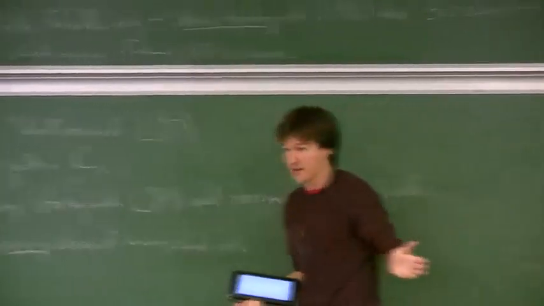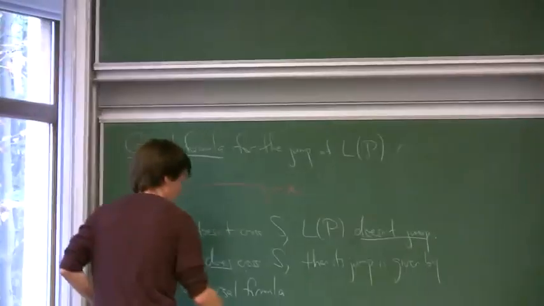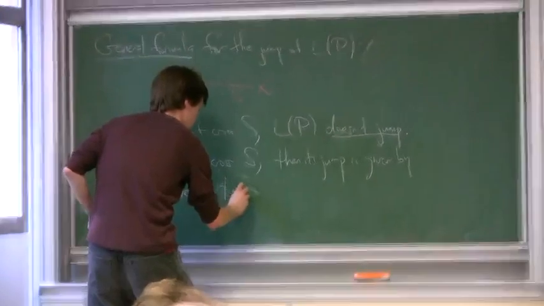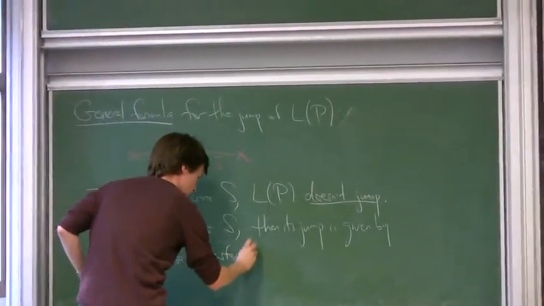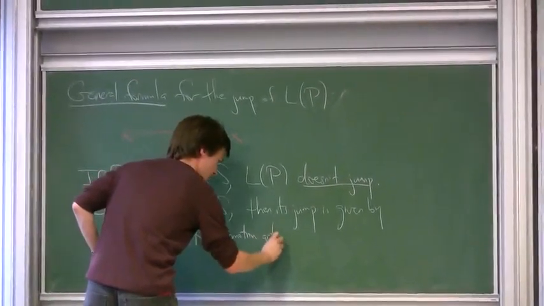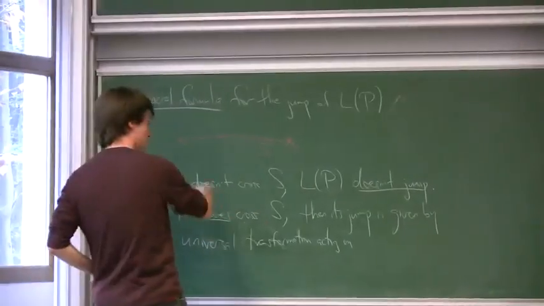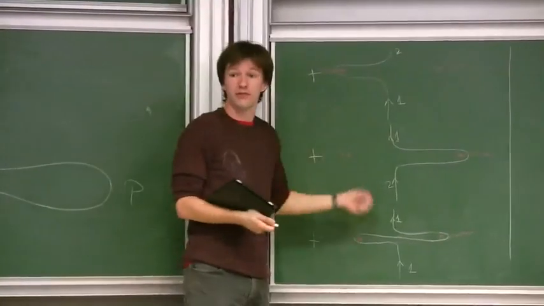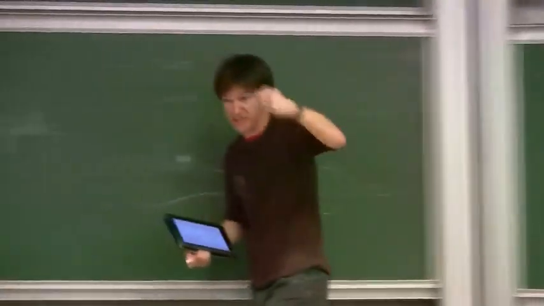It's universal for every path. All it is is a universal transformation acting on L of P. L of P is some sum of paths upstairs, some sum of paths on sigma. I'm just going to give you the transformation acting directly on the paths on sigma.